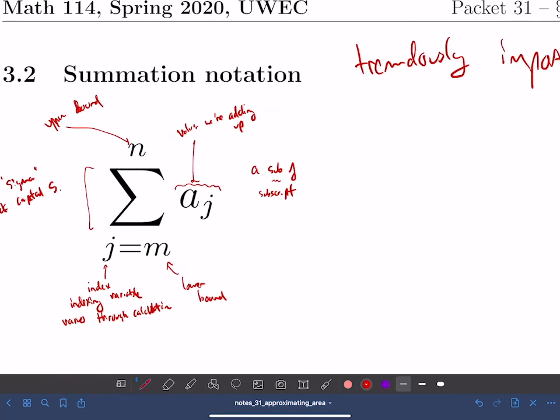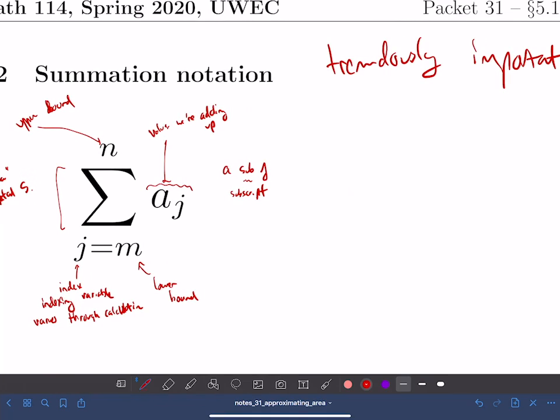For example, with this notation, we might have a table of j's and a sub j. Maybe j starts at 0, 1, 2, 3, 4, 5, and then a sub j is 1, -1, 2, -2, 3, -3. Let's go do a 6 and 7, 4, -4. They can be whatever you want.